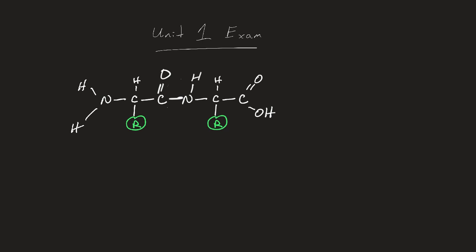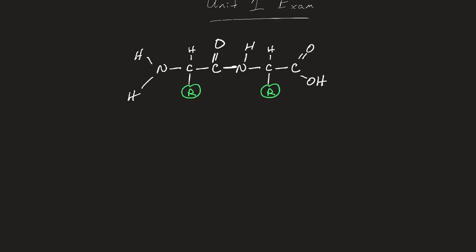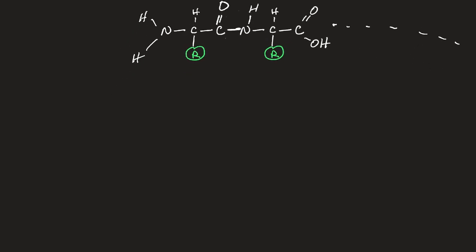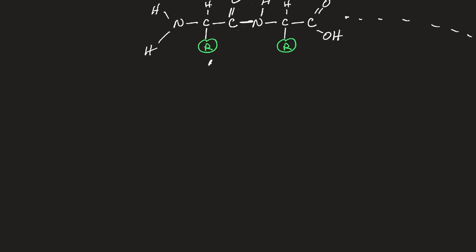All right, so you have to count the bonds, but you'll see that there are 3 bonds on the nitrogen and 4 bonds on the carbon, so you're verified that you're correct. So anyways, there'd be a bunch of these all linked together in a long chain, correct? This would be R1 and this is R2.